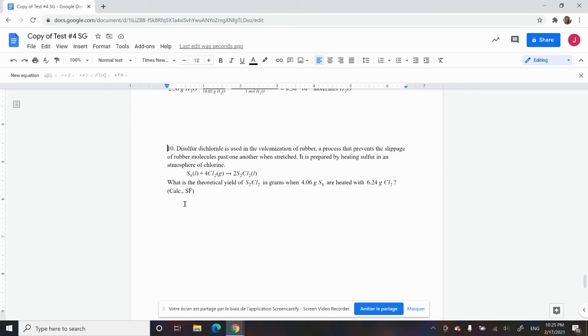Okay, so when I look at this problem, I see that there are 2 numbers going on here. So that means this is a limiting reagent calculation.